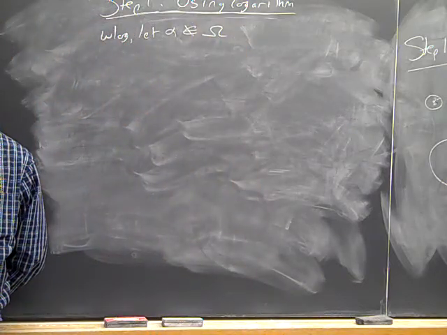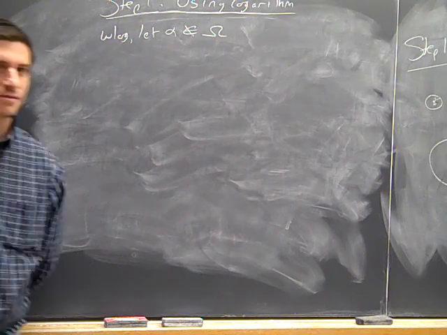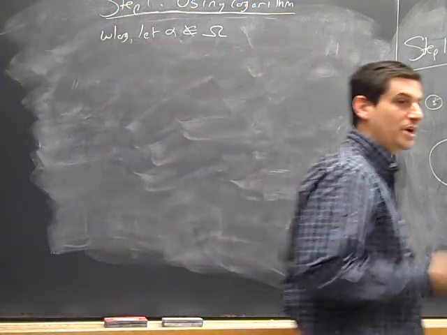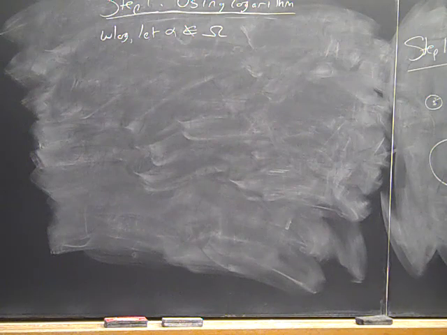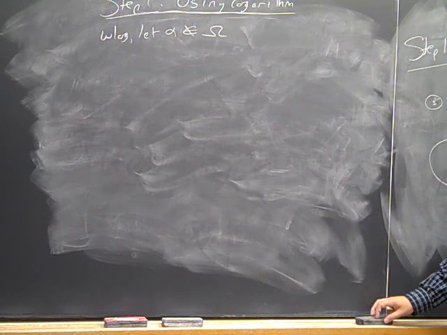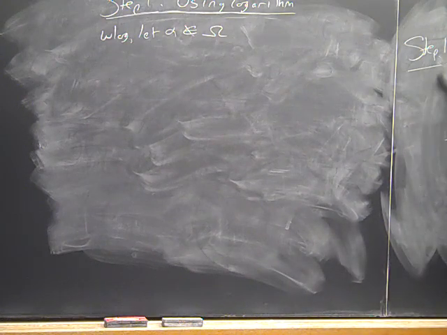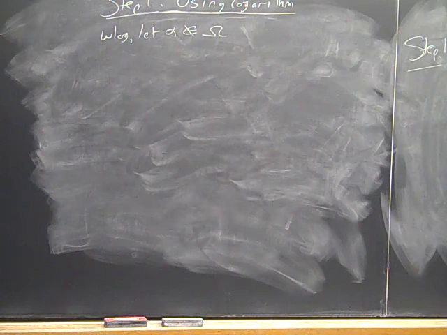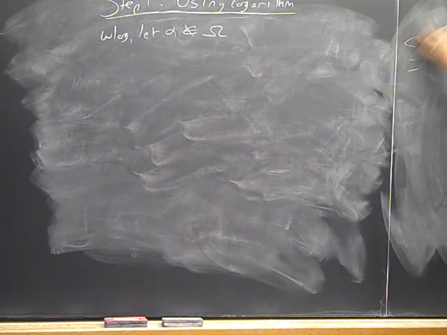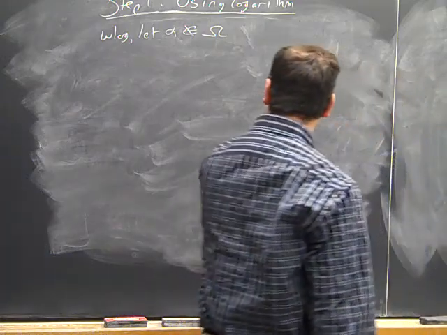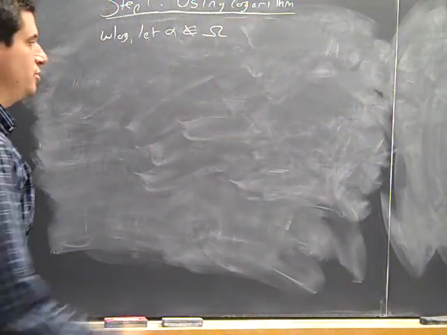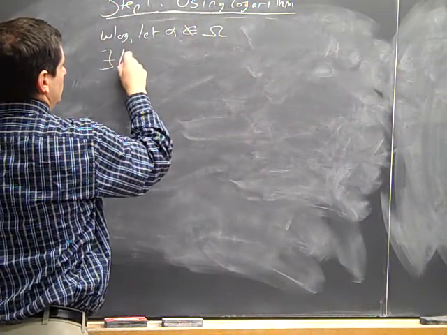Why can I say that? Omega is not all of C. So because omega is not all of C, there has to be some point that's missing. We've got to give that point a name. Why not call it alpha? So we can define a logarithm. And so because we can define a logarithm, that logarithm will involve omega. I'm not going to do too much notation. So there exists a logarithm.